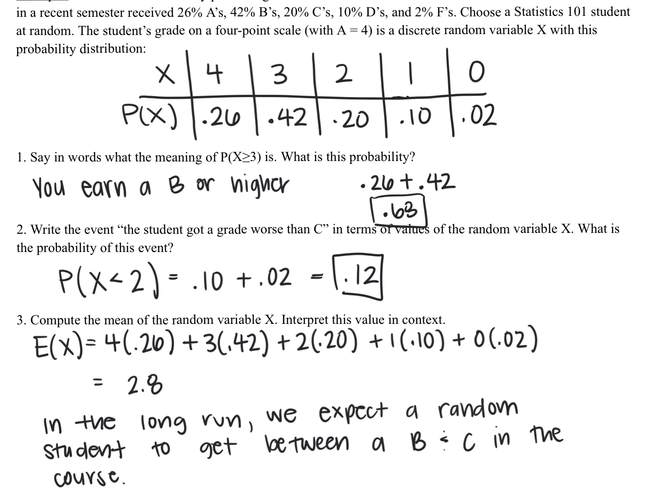So 2.8 is somewhere between a B and a C. It's slightly above a C, but slightly below a B. So it's somewhere in that range. And that's our expected value.